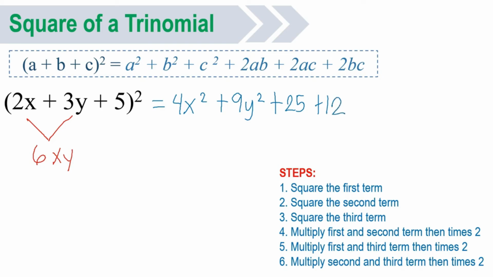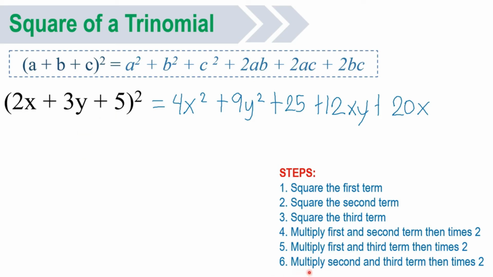Let's write 12. Then copy the variable xy. Fifth step, multiply first and third term. First is 2x, third term is 5. 2x times 5, you will have 10x, then times 2. So 10x times 2, it will become 20x.